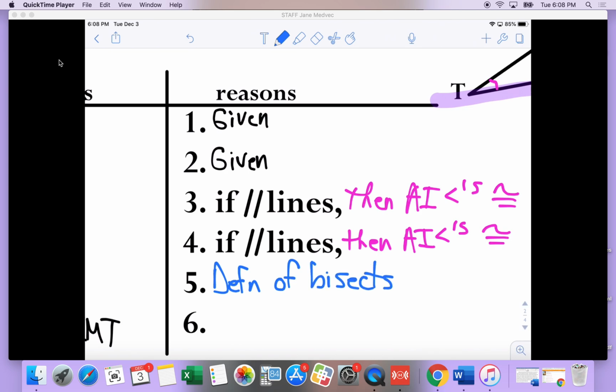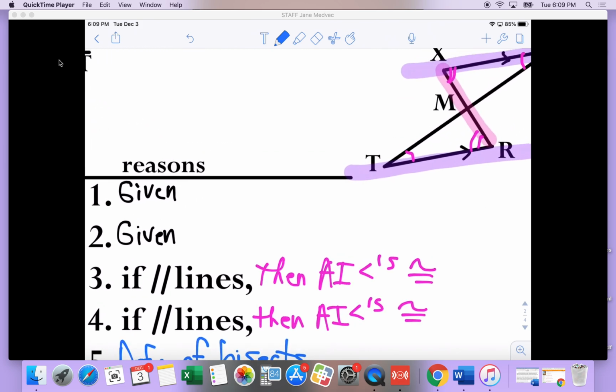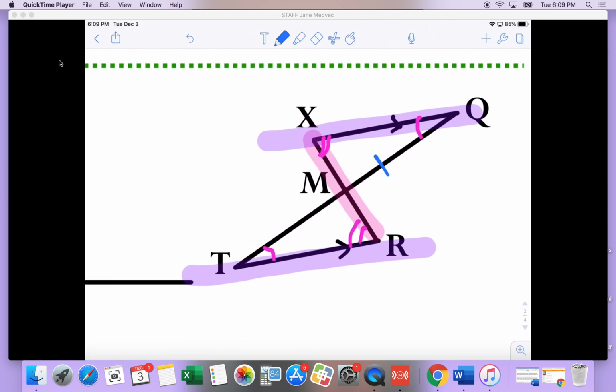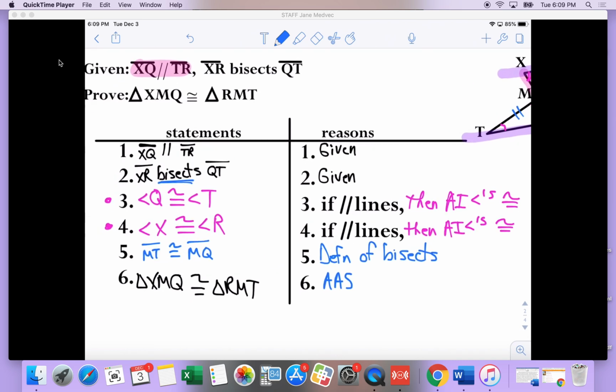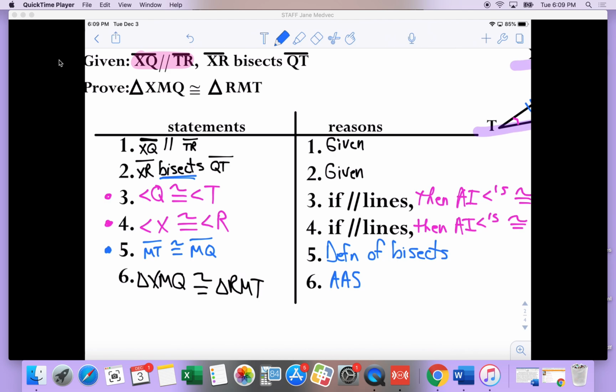So this is congruent to this, and you're going to notice that you have angle, angle, side. So I'm going to come down here and write angle, angle, side. You can also name it side, angle, angle. And this was my third point that I needed.